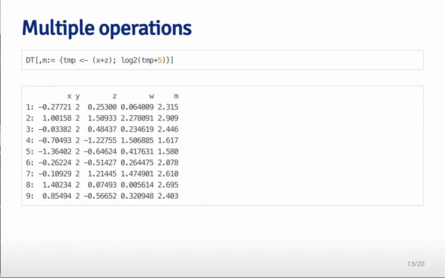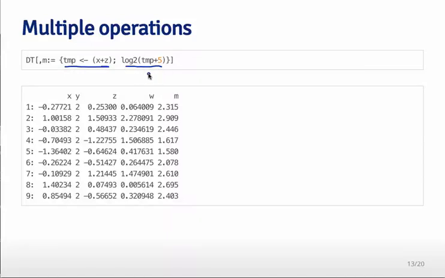The next thing that you can do is perform multiple step functions to create new variables. For example, here I have an expression. It starts with a curly bracket and it ends with a curly bracket, and each statement is followed by a semicolon. The first statement assigns to the temporary variable the values of x plus z. Then I take the log base 2 of that temporary variable plus 5.